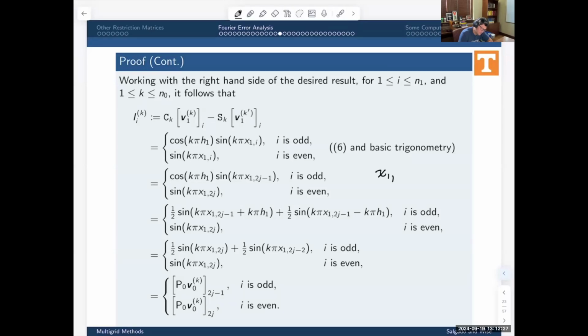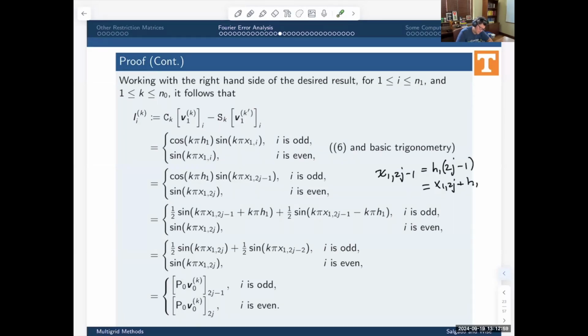I'm going to use the fact that x1 at 2j minus 1 is h1 times 2j minus 1. So this is 2j times h1, which is x1 at 2j, plus h1.